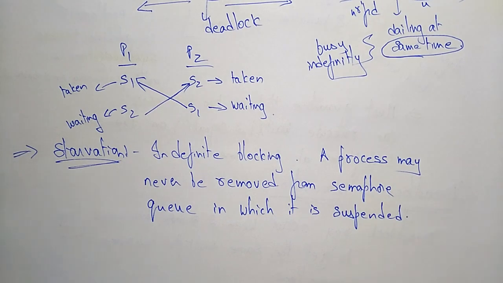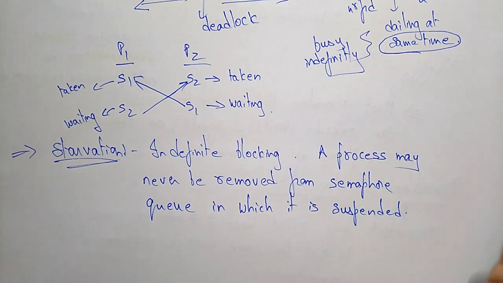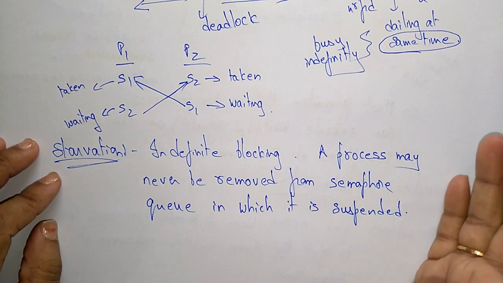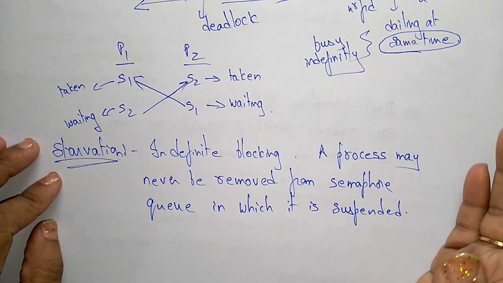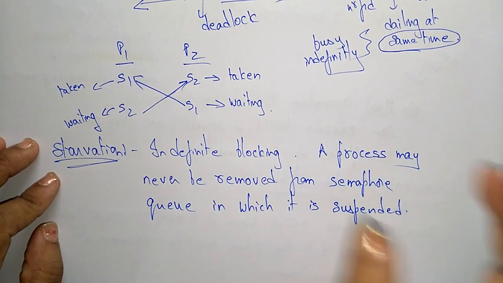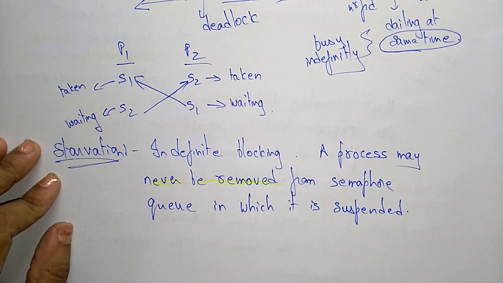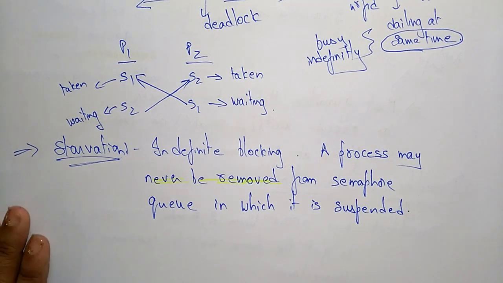That you call starvation. Meaning if some process is already in the semaphore's queue, and that process is never removed even though it is suspended, that process is never removed from the semaphore. So that you call starvation.